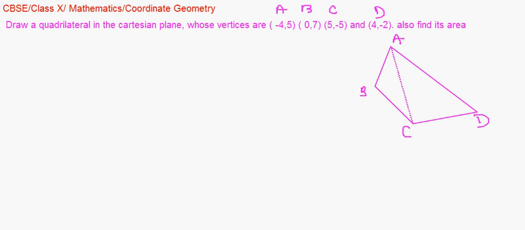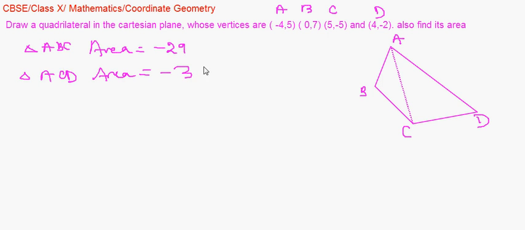See, I made my calculations, I'm just giving you your answer. You will get the triangle ABC area as -29. You'll get the area of the other one, ACD, to be what I calculated, -31.5.